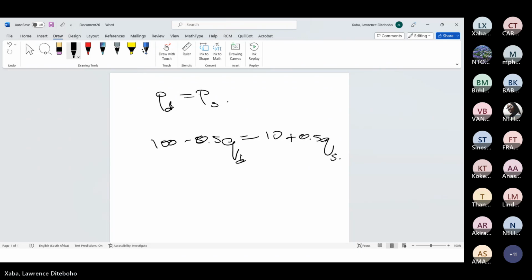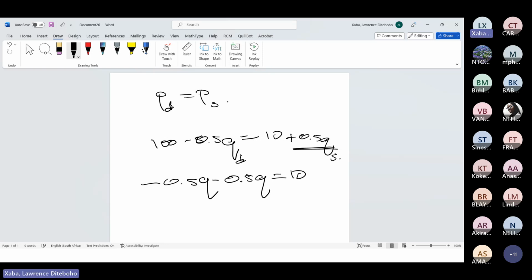Okay, now we try to simplify this, following the same procedure. We bring this one to the left-hand side. Then we have negative 0.5Q minus negative 0.5Q equals 100 minus 10.